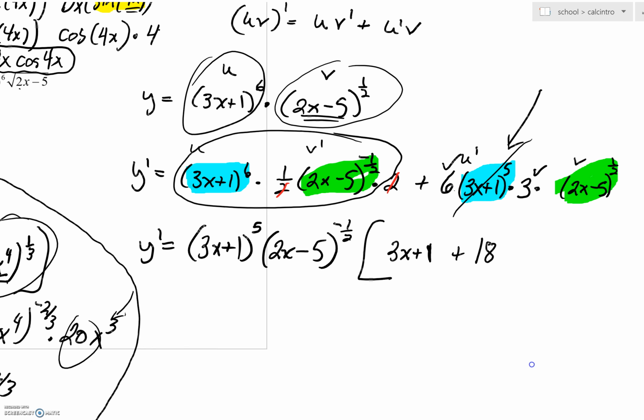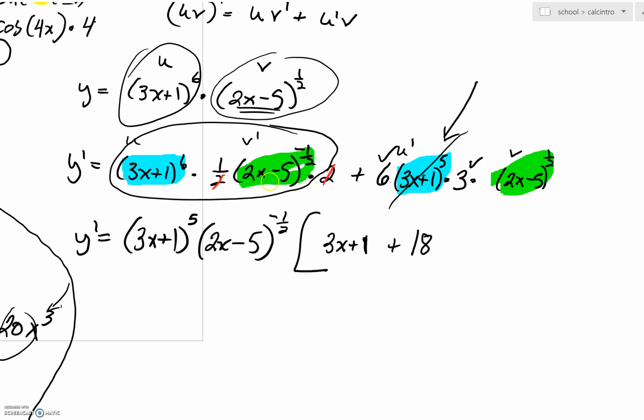You can say, how do I factor out a 2x minus 5 to the negative 1/2 from 2x minus 5 to the positive 1/2? Aren't we really dividing that? You see what I'm saying? When I'm saying factor it out, I'm saying divide a 2x minus 5 to the negative 1/2 from that. And then you'd say, well, that would come up with another 2x minus 5 to the 1/2.